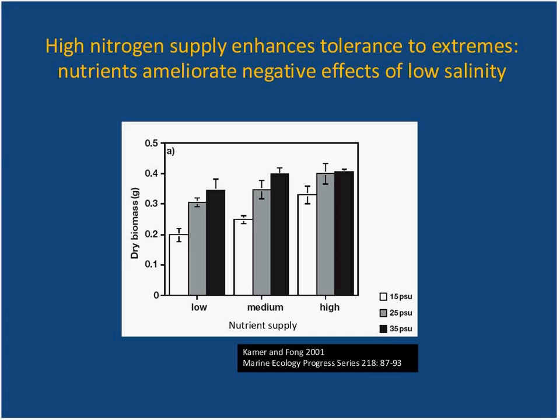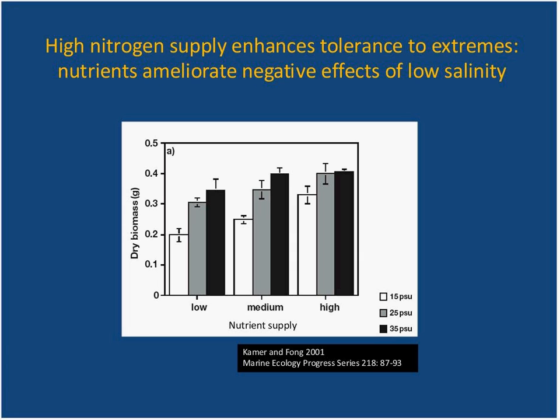Another interesting twist is that having a really high nitrogen supply also enhances their ability to tolerate environmental extremes. Now remember, macroalgae are marine organisms, so low salinity is a stressor for them. This was an experiment we did several years ago.